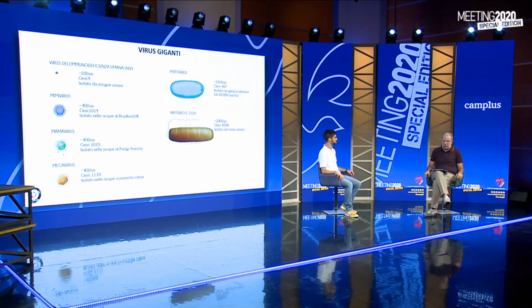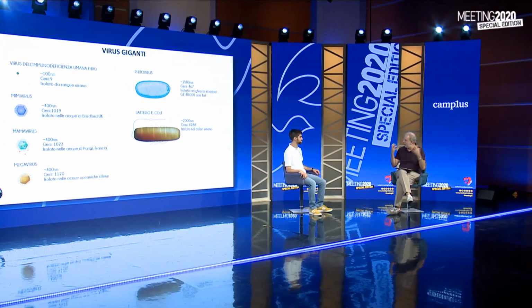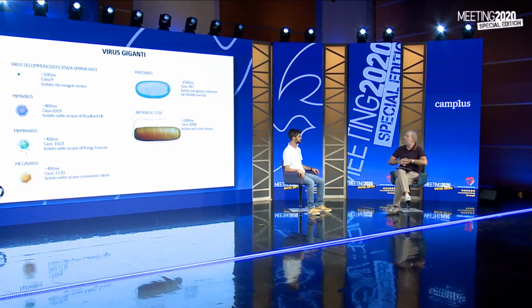In the biosphere, there are 10 to the 31 different viruses. Obviously, this is a very big number, and it's not easy for us to understand. The stars of the universe, for instance, to give you an idea, are about 10 to the 24. So this is to make you see how many different types of viruses there are.